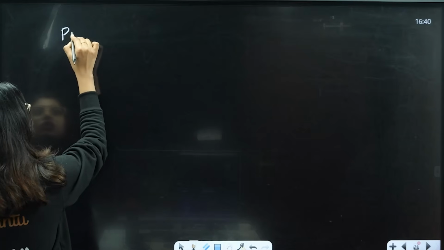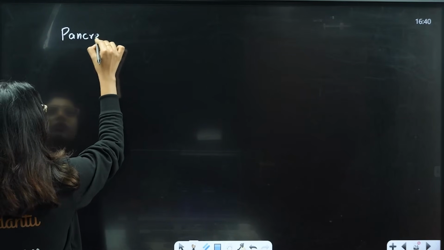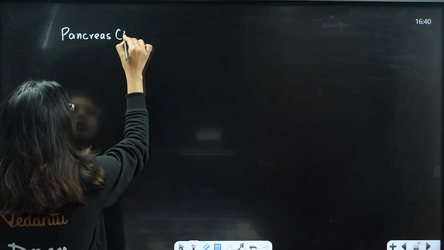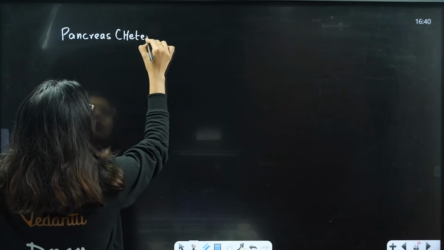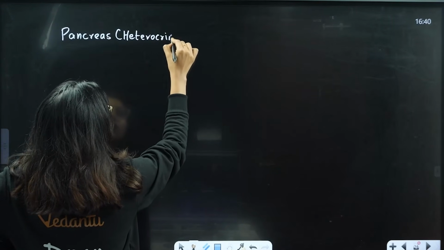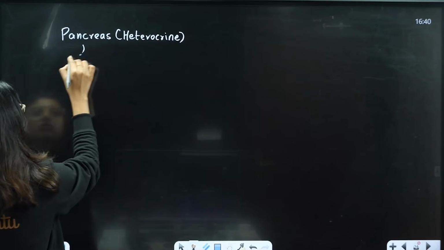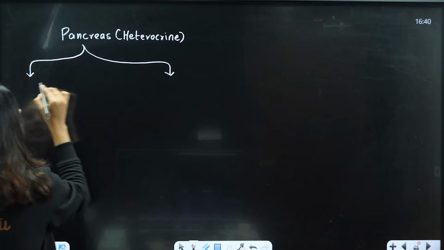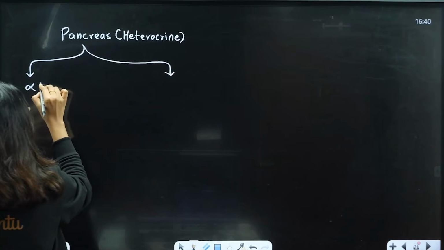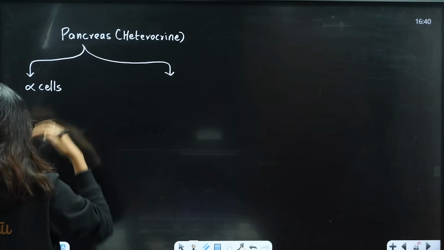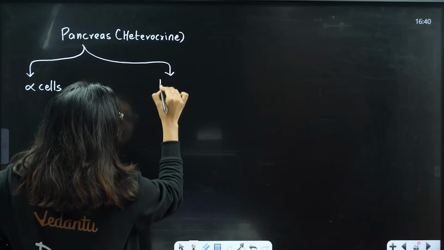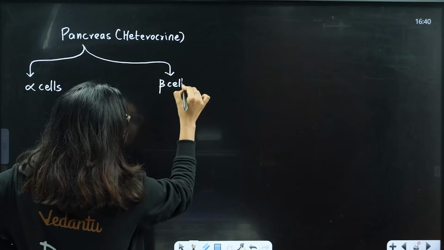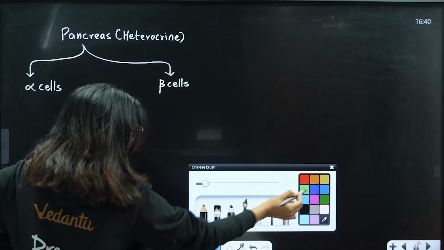Pancreas, okay, pancreas is heterocrine. This I just now told you. Now, students, please try and understand. Main cells are going to be alpha cells and beta cells.